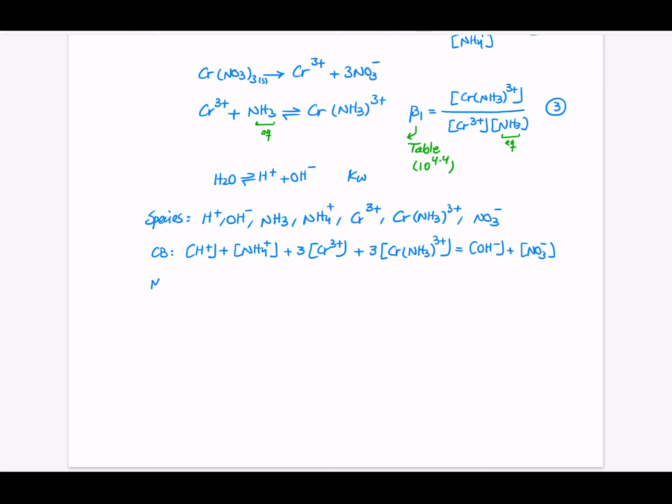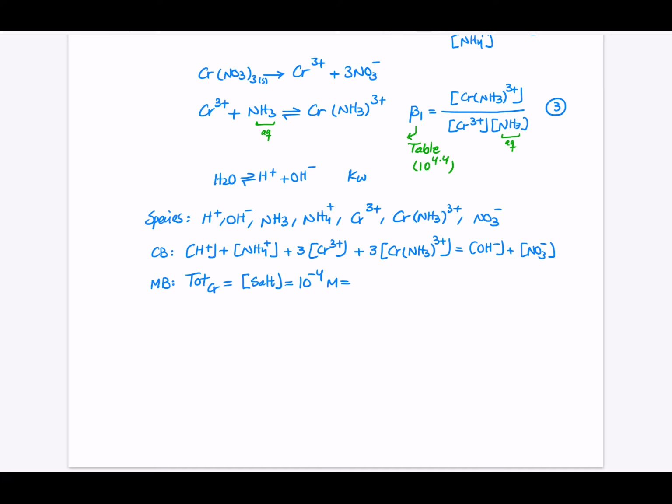So we can also look at the mass balance. We know the mass balance of the salt. So we know how much salt we added. And initially we know it dissociates to chromium and nitrate. So we can write mass balance for both chromium and nitrate. So the total chromium, what's the concentration? It is equal to the concentration of the salt, which is 10 to the minus 4 molar.